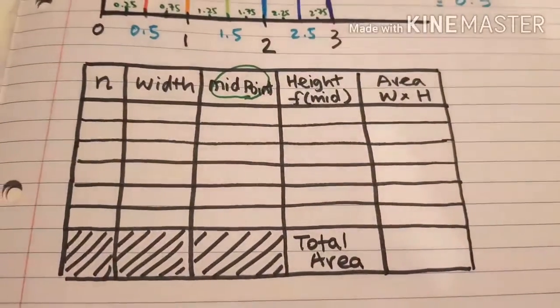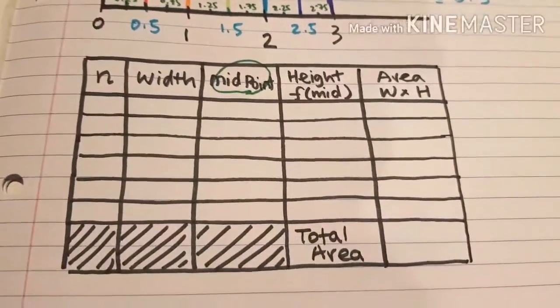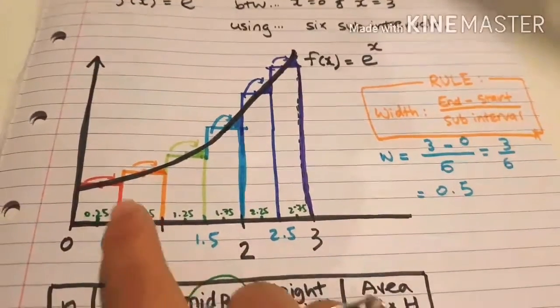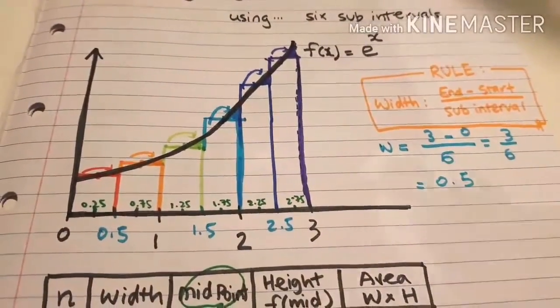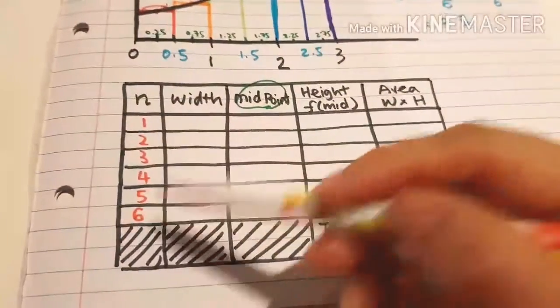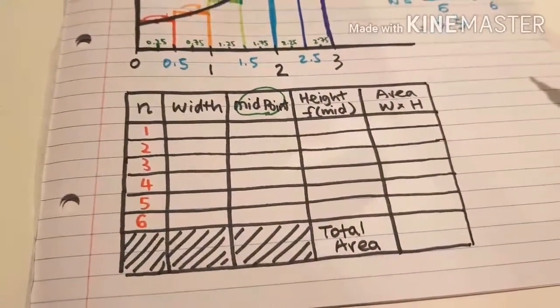This is the table that you need to fill out. N is the number of rectangles you have. It's divided into 6 sub-intervals, so 1, 2, 3, 4, 5, 6 rectangles. So in here, you need to write 1 to 6, representing 6 rectangles.